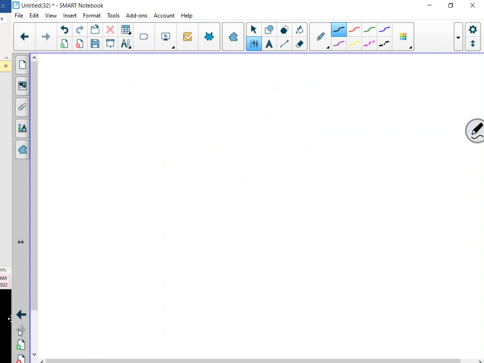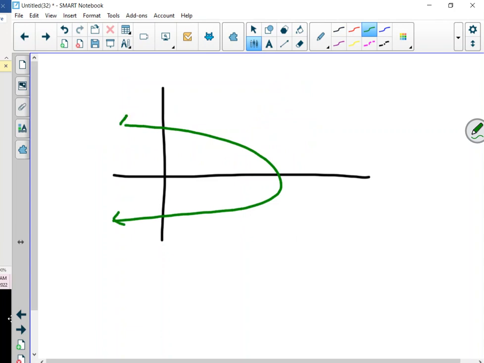Another variation on this is if you had stuff that literally weren't functions, like sideways parabolas. And let's say this was the thing I wanted to find the area of right here. Like this is one function, or not a function, that's one curve. Okay, and this is the other curve.